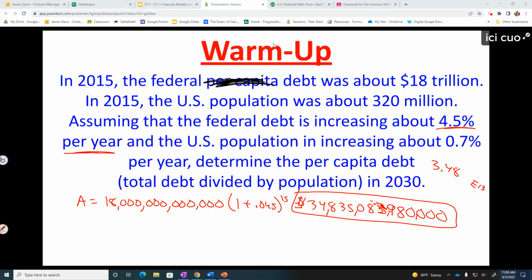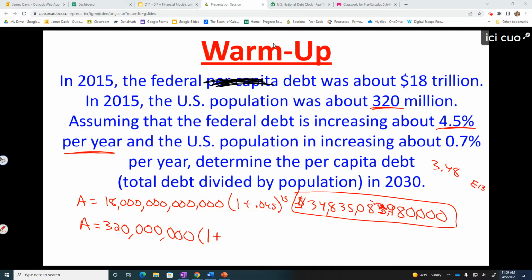Now we're going to do the same process with our population. In 2015 we had 320 million right here. So that's going to be our starting amount, 320, and then million. Let's add the right number of zeros here. It's going to be adding 6 zeros. 320 million, and then it will be 1 plus our rate.